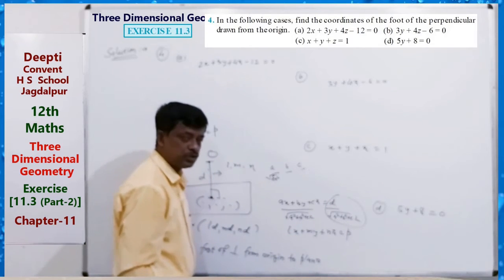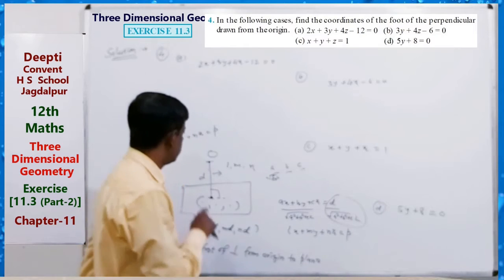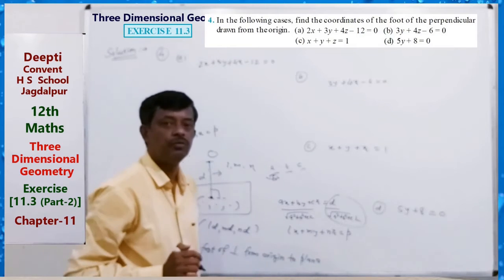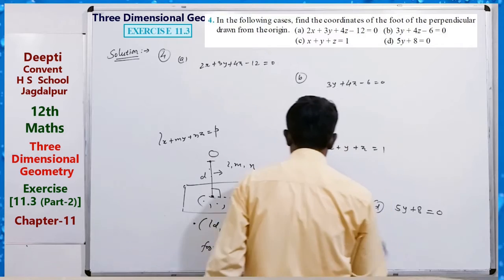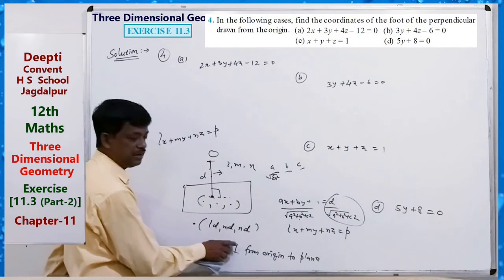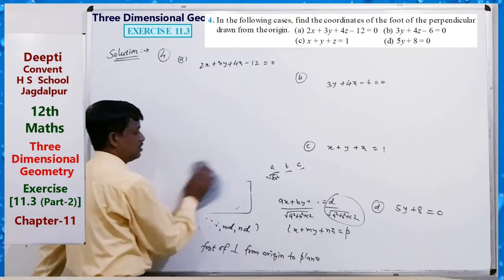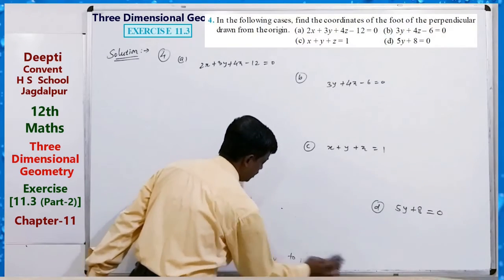Clear? So first write all the planes in normal form, and then we can write LD, MD, ND as the foot of the perpendicular from the origin to the plane.